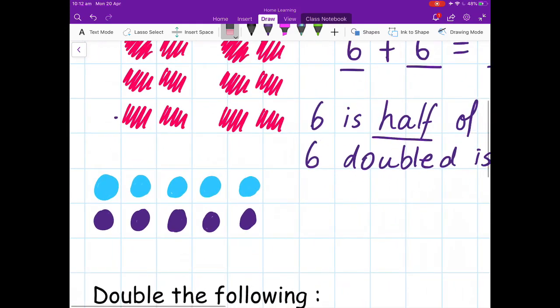Okay, I have some more dots down here. I hope you can see how many I've got. I've got 5 in the light blue and I've got 5 in the purple. How many dots altogether? 5 plus 5 is 10. Fantastic.